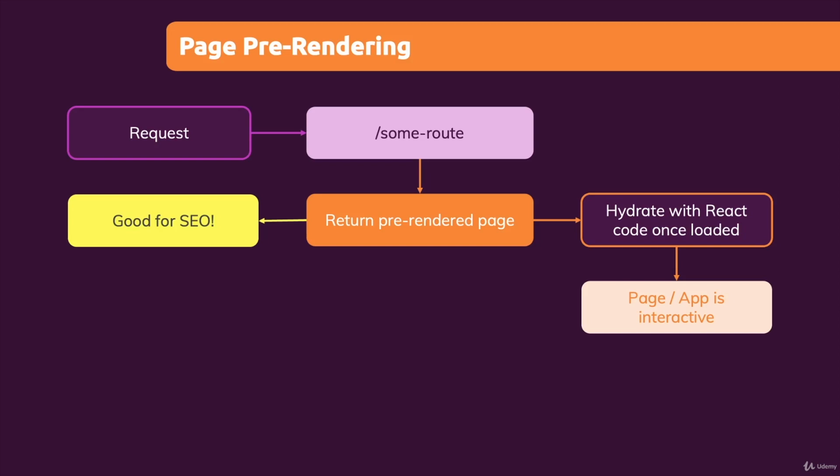If it's not interactive at that point, that doesn't matter to those crawlers because they are only interested in the content anyways. So that's the idea of pre-rendering. We, or to be precise, Next.js, prepare a page in advance by pre-building all the HTML content and by preloading all the data that will eventually be needed.